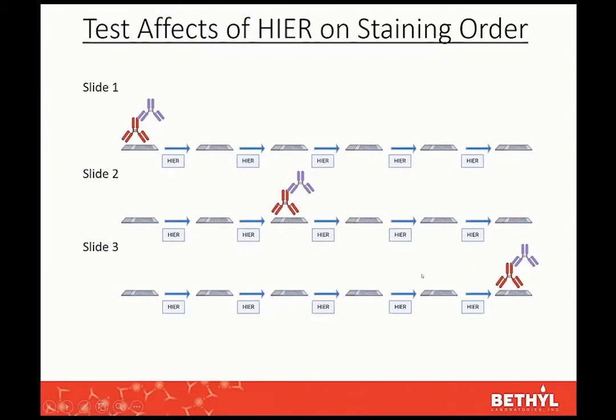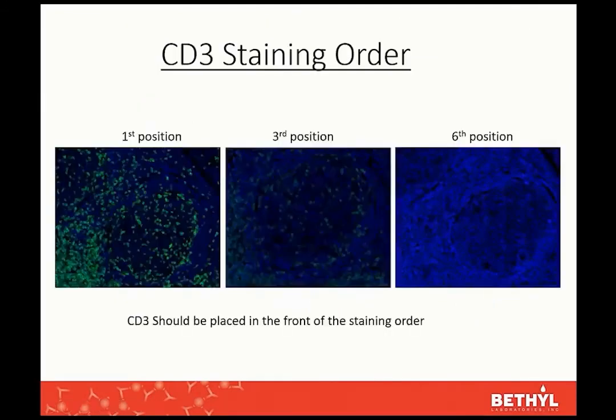And so the goal of this is to see if we could use the information from this to figure out if a primary needed to be in the front of the staining order or at the end of the staining order, or if the staining order did not impact the performance of the antibody. And so here's some examples of that staining. So this is CD3.